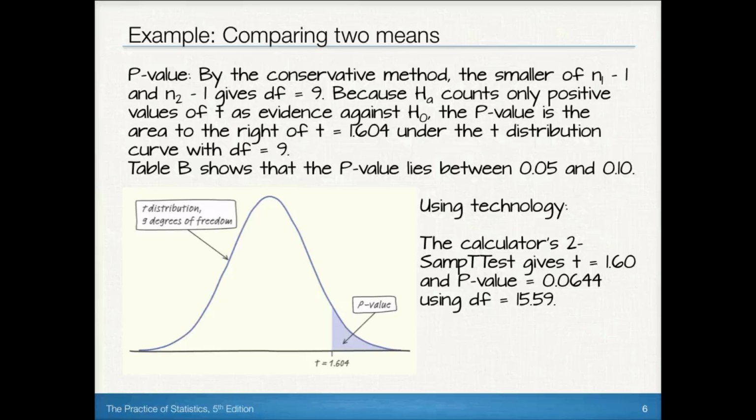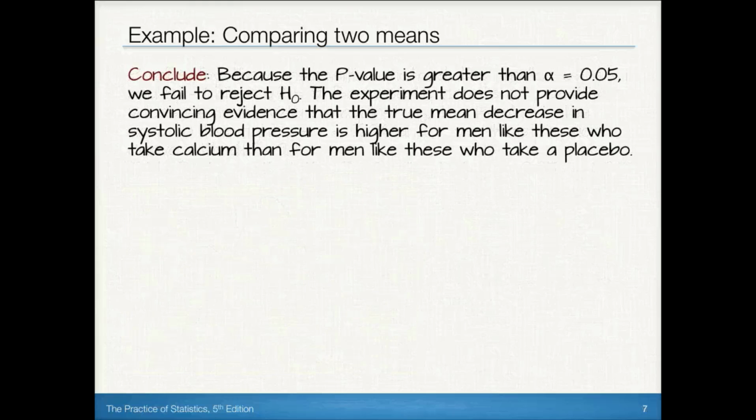Now, if you're going to use technology to do the problem, you want to make sure you indicate the test statistic, the p-value, and the degrees of freedom when you give all of your evidence for the test. Because our p-value here is greater than our 5% significance level, we fail to reject the null hypothesis.